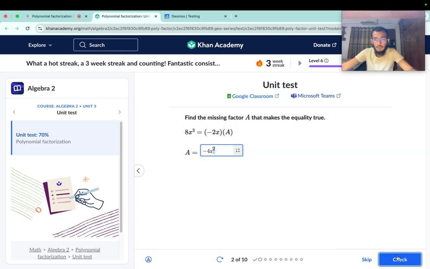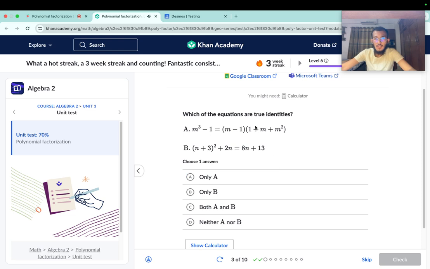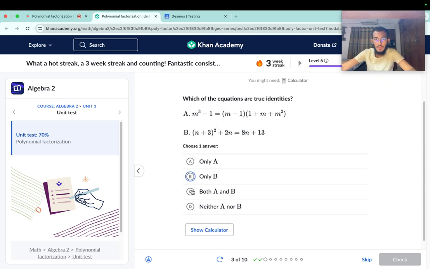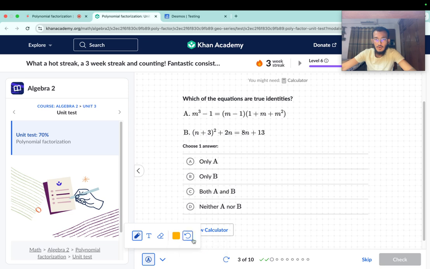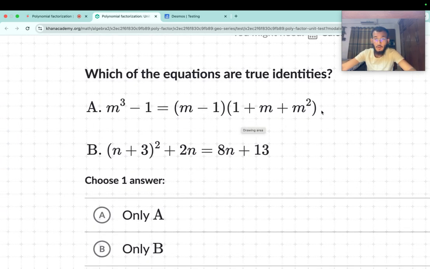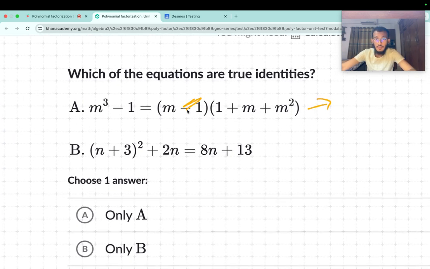Let's see. All right, which of the equations are true identities? Okay, so that means the left hand side must be equal to the right hand side. Let's expand the right hand side and see whether it equals the left hand side or not. For the first one, I'm going to multiply everything with m. So m plus m squared plus m cubed.